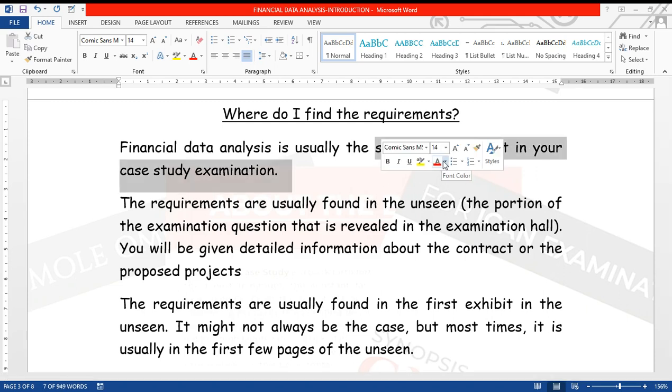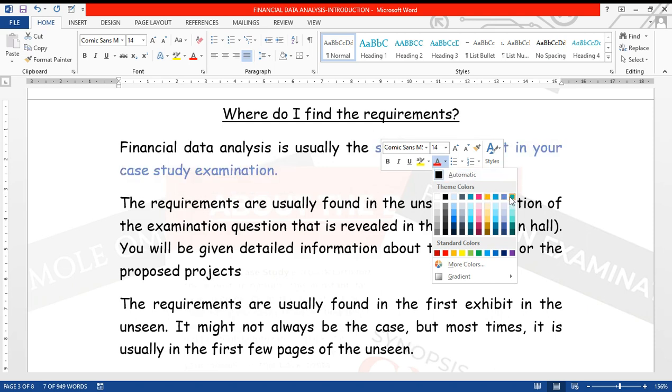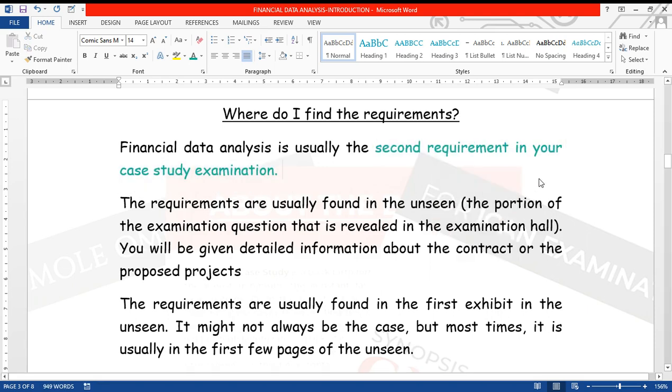It does not mean it's always going to be like that, but studying past ICAN questions and the sequence of how questions have been set and how the requirements have been structured, the financial data analysis is usually the second requirement. But please don't cram this, because anything can change, and you should not get confused if you don't see it as the second requirement. It can come all messy. But in most cases, it is usually the second requirement in your case study examination.